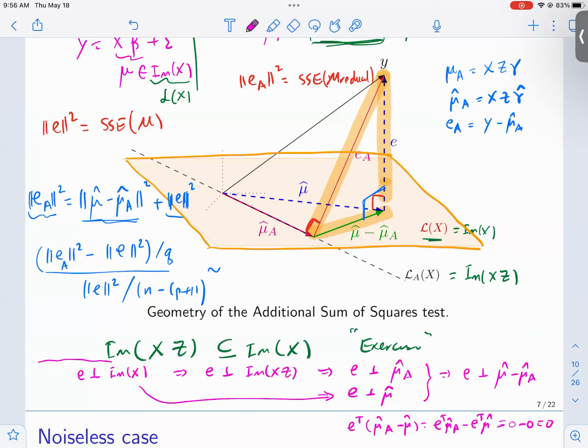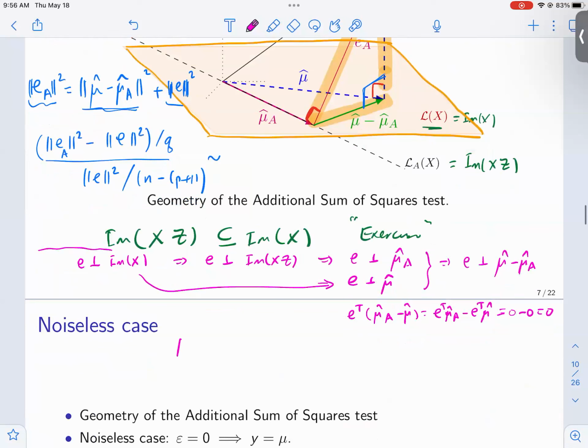And we also know that if I calculate mu hat minus mu hat A plus E, so this is one important fact, fact number 1. Fact number 2 is that if I calculate mu hat minus mu hat A plus E, so what is E?